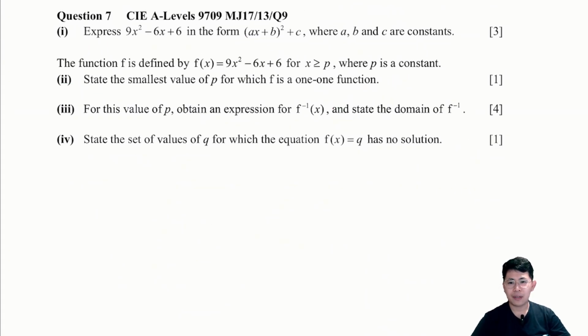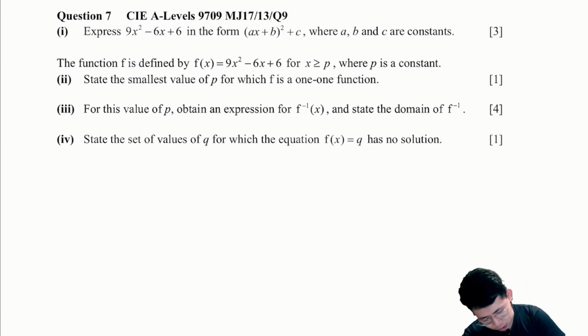Okay, so now we are currently in question 7, and this is actually a very standard A-level question, even though this is not our exam board, but still pretty standard. So part 1, we want to express this quadratic expression in the completed square form. So what we'll do is, now I will try to complete the square for this.